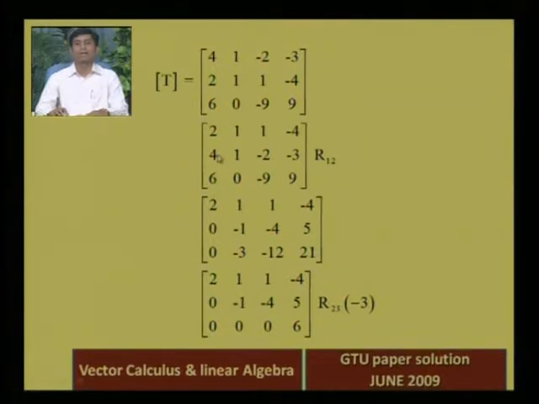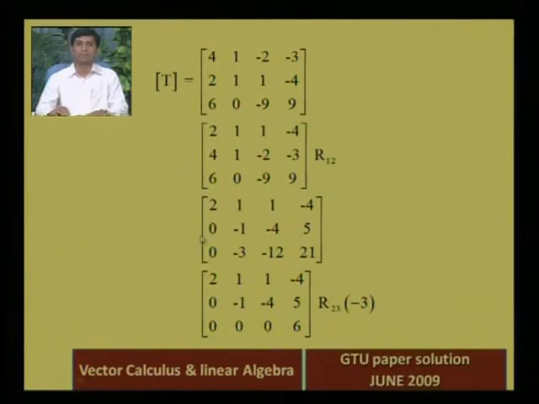Next is 6 minus 6, we get 0, because we multiply the first row with -3 and add into the third row. Then 0 minus 3 that is -3, -9 minus 3 that is -12, and 9 minus 4 into -3, that is 9 plus 12, that is 21.